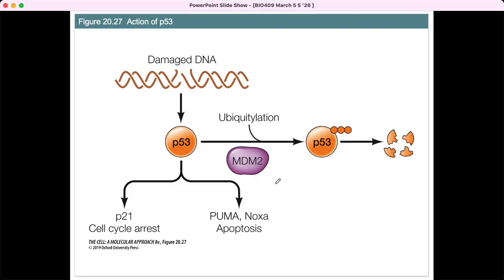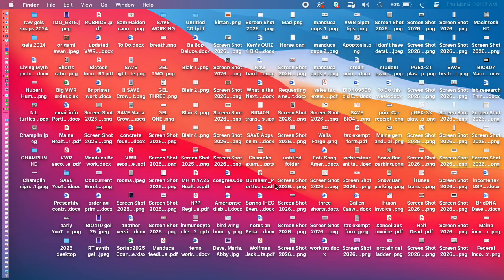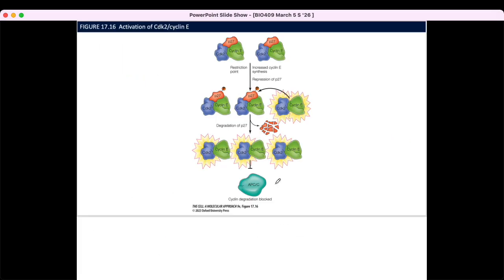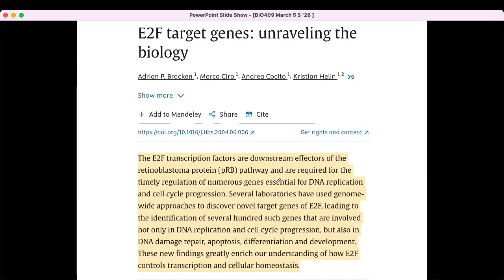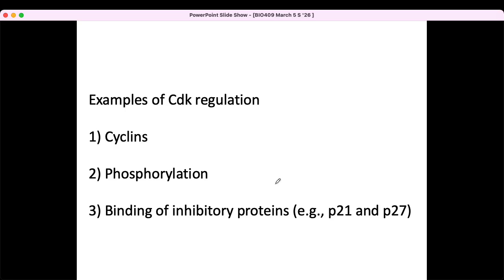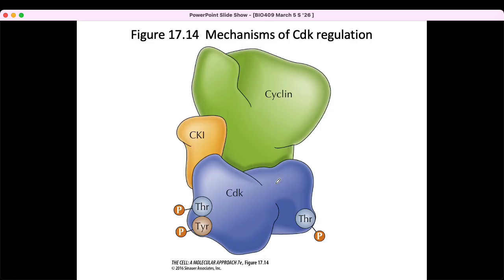And that's why I say these small inhibitory proteins are like the school control, where they can just say, I don't care whether you have enough cyclins or enough phosphorylation, you're stopping. And that's P53, and that's the DNA damage checkpoint.